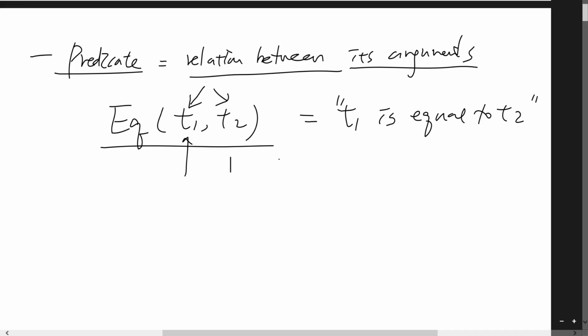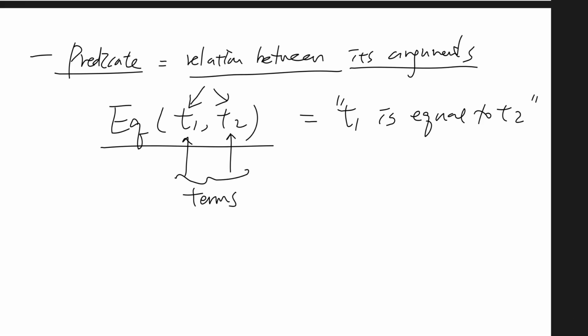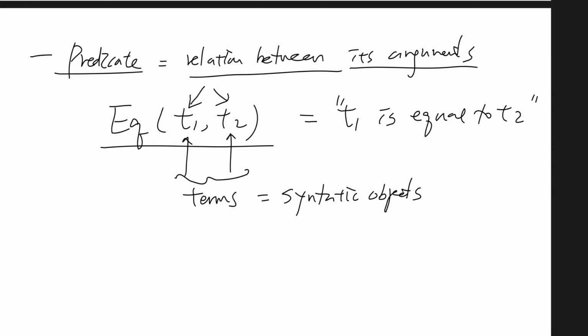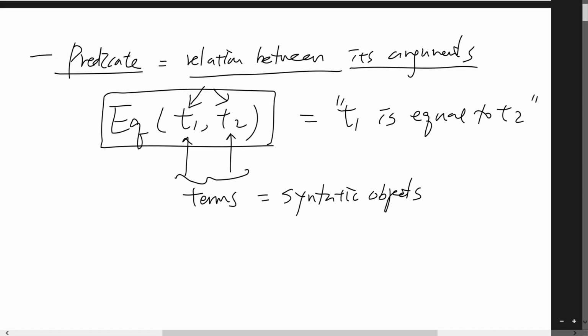And its arguments are called terms. You can think of terms as syntactic objects. So in comparison with an infinite number of propositional constants, now we need only this single predicate to state a particular relation between all objects or all terms.